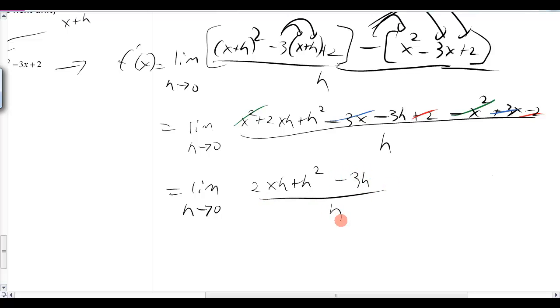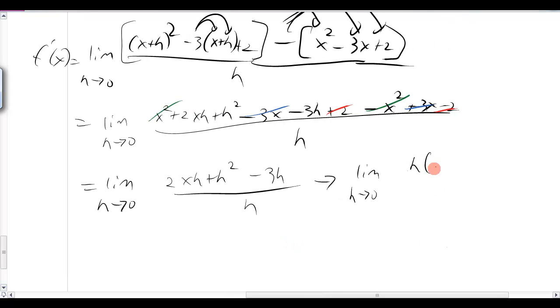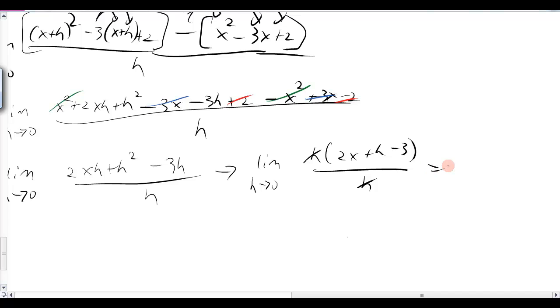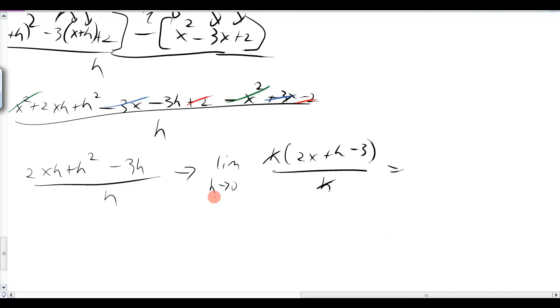So the good news here is we see our h's will factor out of the numerator, which will leave us with h times 2x plus h minus 3, all over h. So the h's now divide. So now we're able to substitute in 0 for h. That means I'm going to be left with 2x minus 3. And that is the derivative of your function.